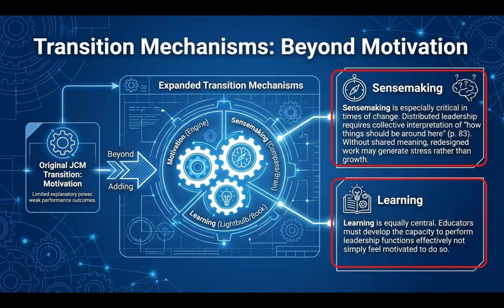Sense making is especially critical in times of change. Distributed leadership requires collective interpretation of how things will be around here, from page 83 of his article. Without shared meaning, redesigned work may generate stress rather than growth. This is what he's saying about teachers now taking ownership of what's happening in the building.